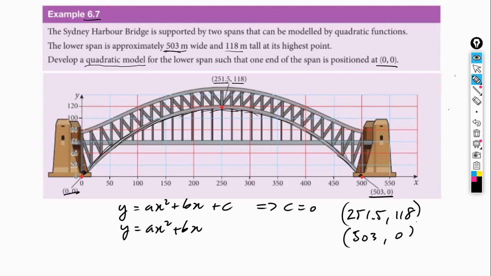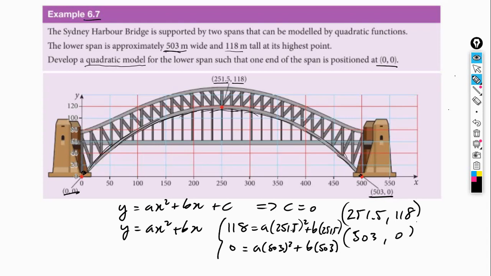Well, notice that 118 has to equal a times 251.5 squared plus b times 251.5. And then we also know that 0 has to equal a times 503 squared plus b times 503.